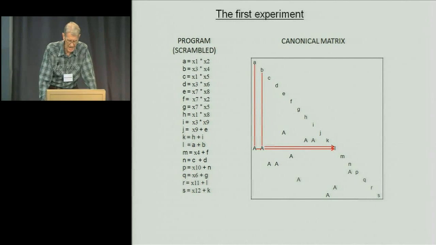The red lines are called flux lines. They indicate the flow of information in the equation. If I say L equals a function of A and B, then there is a flow of information from the variables A and B to the variable L. And that flow is indicated by the flux lines that I have indicated in red.